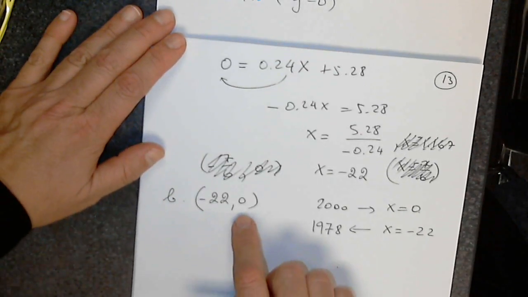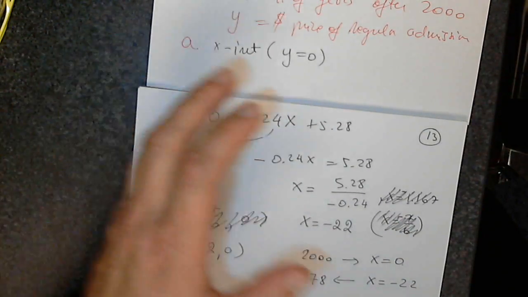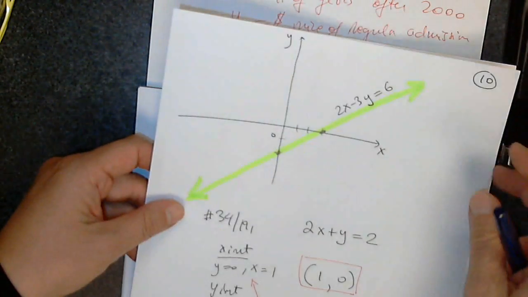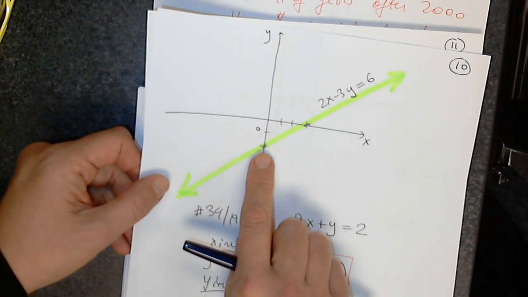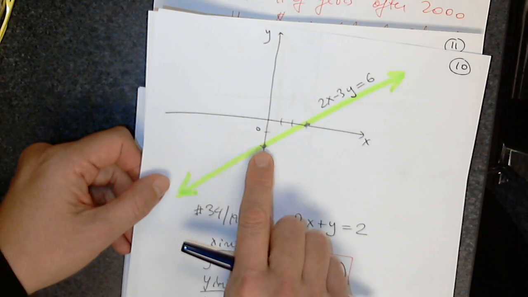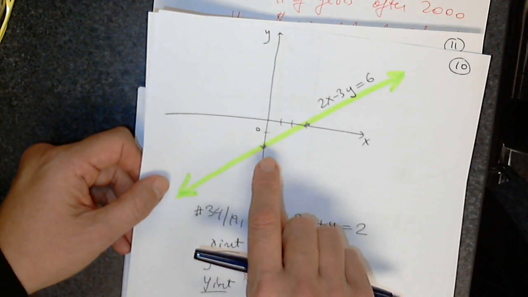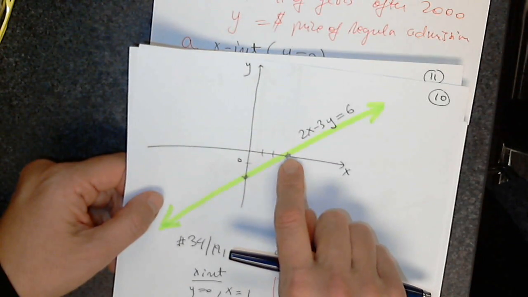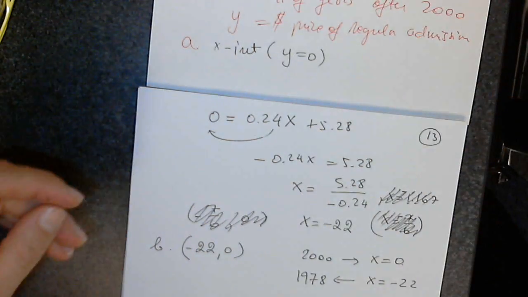Right. So that's the y-intercept. Remember? Let's go back here. This is the y-intercept. When x is whatever, y is 0. Okay? Perfect.